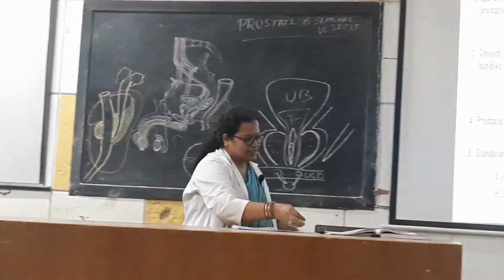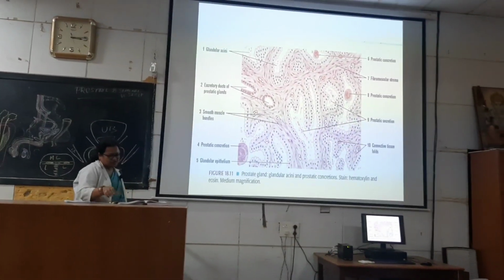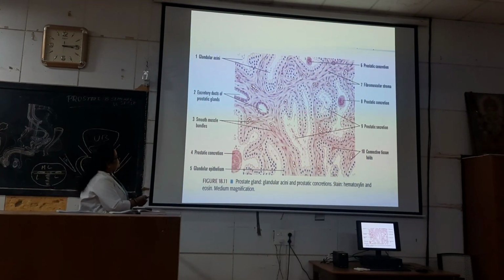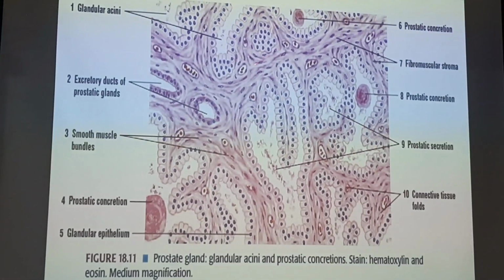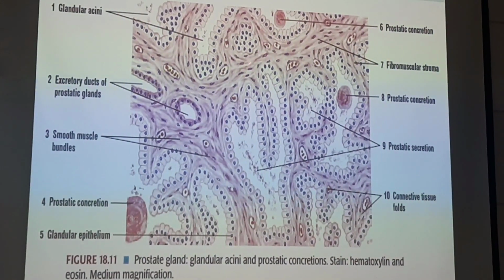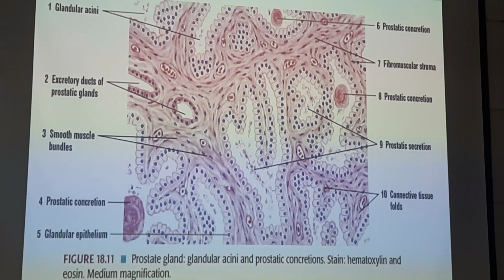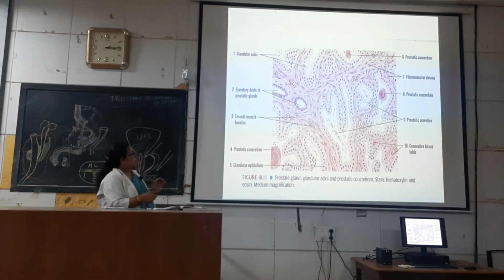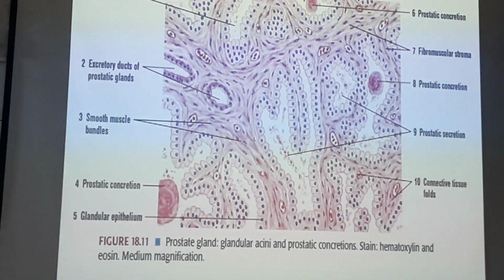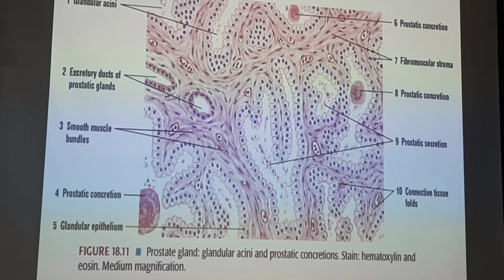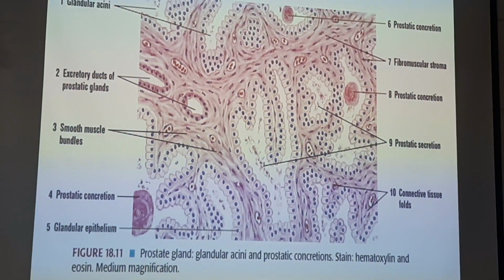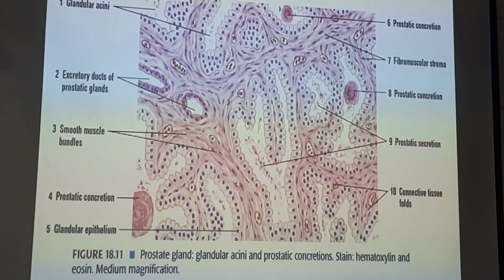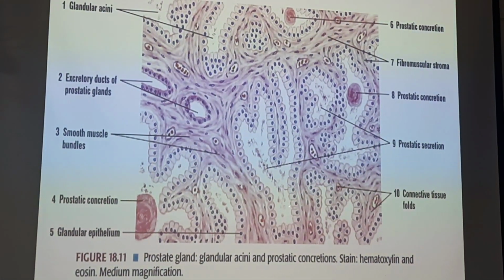Because we can see in the histology slide these intermediate areas, which are the fibromuscular tissue. That is, one fourth is fibrous stroma, one fourth is muscular tissue, that is the smooth muscles, and half is glands. Half of the prostate is formed by glandular tissue.